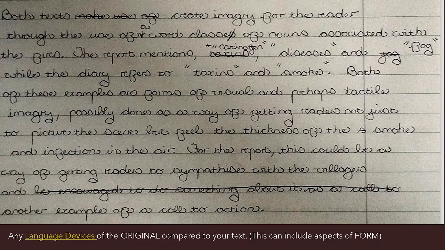So here we've got comparatives that are similar. Both of these examples are forms of visual and perhaps tactile imagery, very clever, possibly done as a way of getting readers not just to picture the scene, but to feel the thickness of the smoke and the infection in the air. For the report, this could be a way of getting readers to sympathize with the villagers.